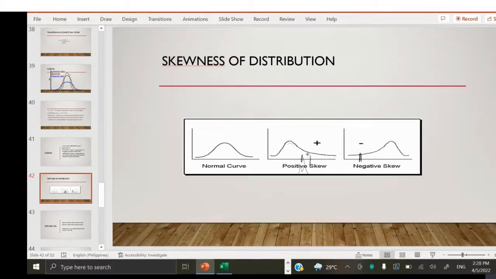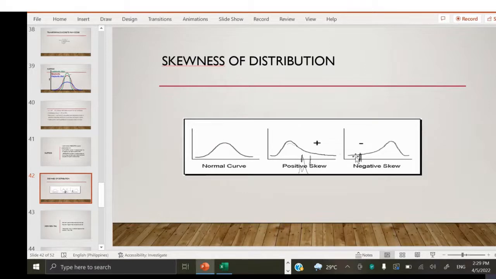So there are many outliers here because there are still people who got very high grades, but they are just very few. But here, there are many. Look here, the mound is here and it is below the mean.